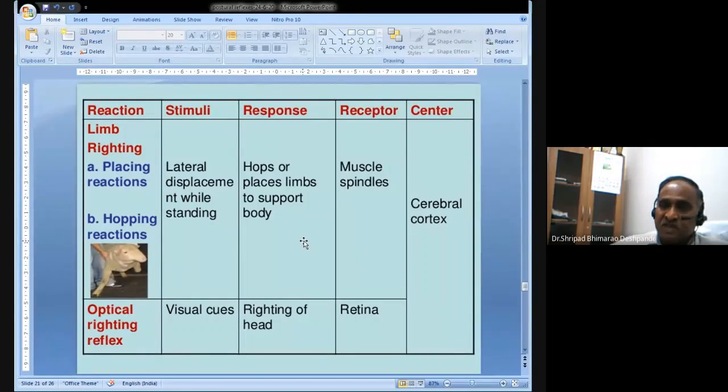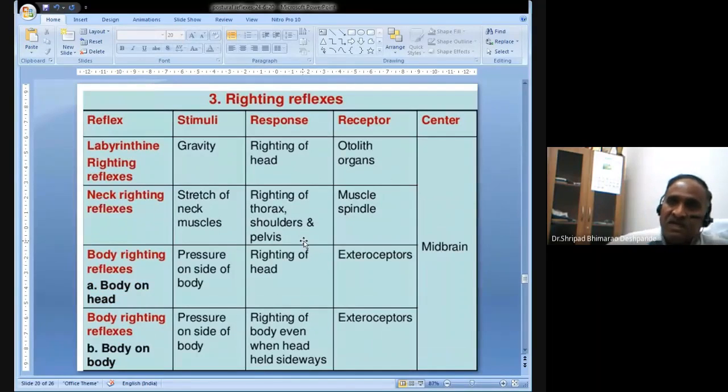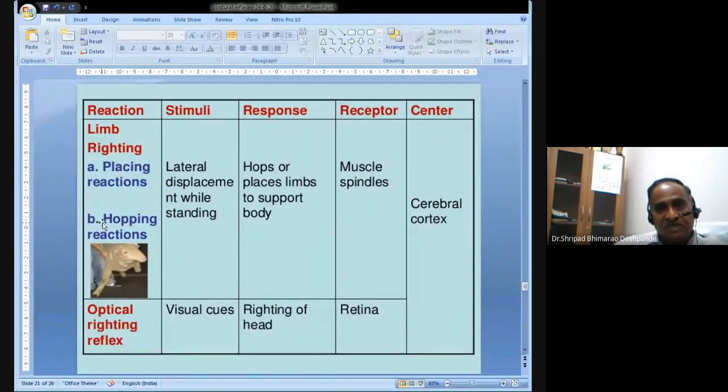So we have labyrinthine righting reflexes, neck righting reflexes, body righting reflexes on body, body righting reflexes on head, and then optic righting reflexes. These are placing reactions and hopping reactions, known as limb righting reflexes.